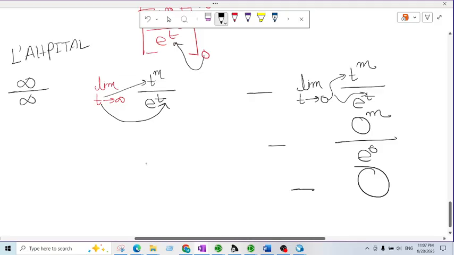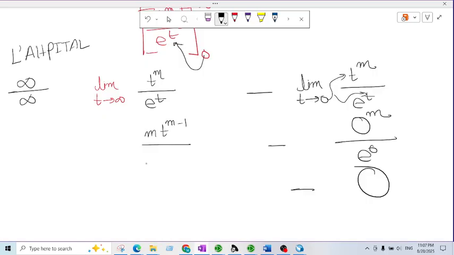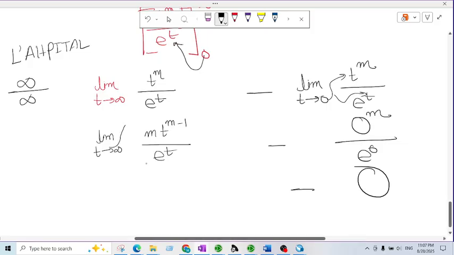And what this L'Hopital rule says, we have to differentiate the numerator, so let's differentiate this thing, and we have to differentiate the denominator, so it is simply equal to e to the power t. Now again examine putting t tends to infinity here, you will again get infinity, and if you put this here you will again get infinity. That means you have to again apply the L'Hopital rule.